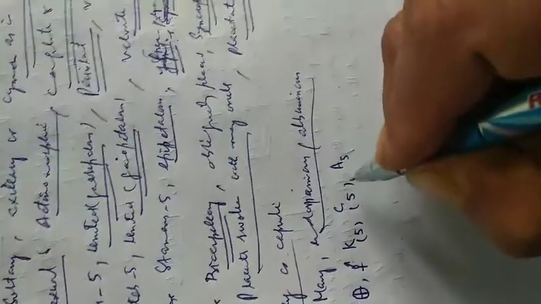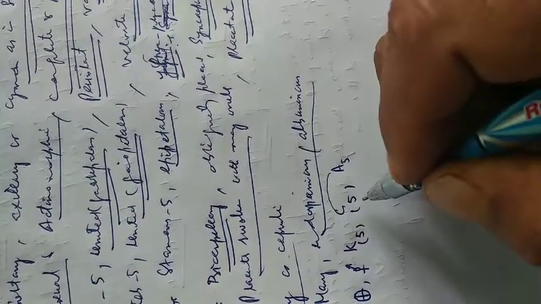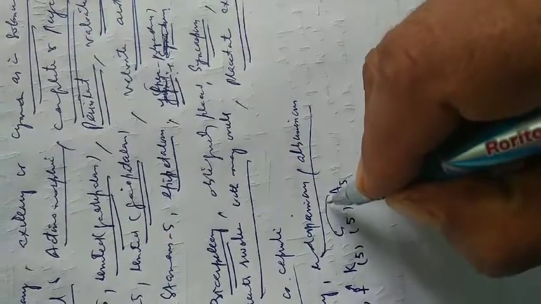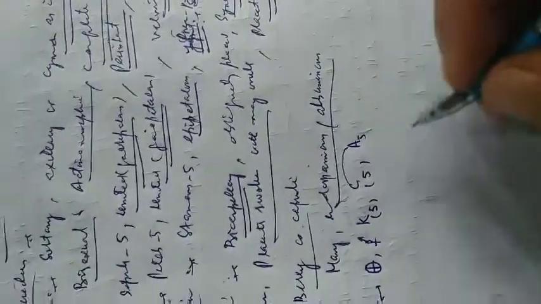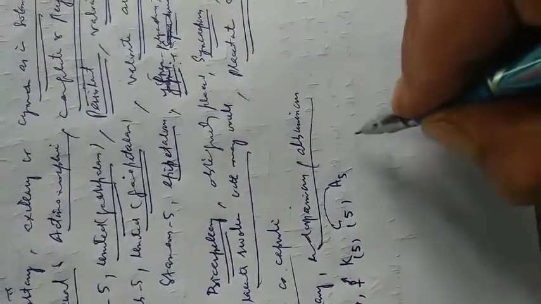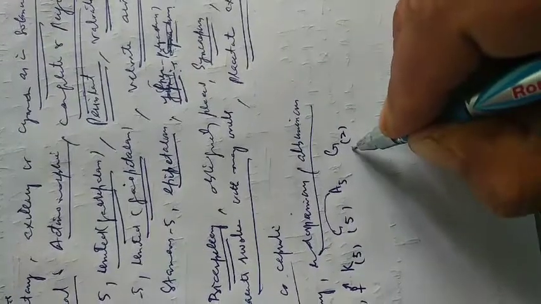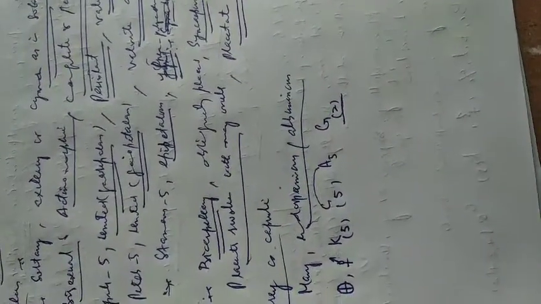Androecium, 5 which are free, but this androecium is connected with the corolla by a line connecting A and C. This shows the epipetalous condition. And gynoecium is comprised of 2 carpels which are fused, and the ovary is superior, which is represented by a bar under the G.